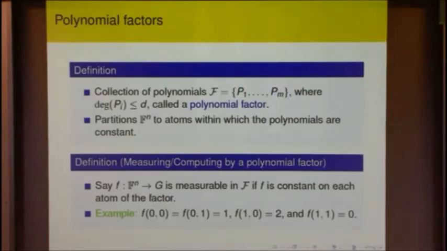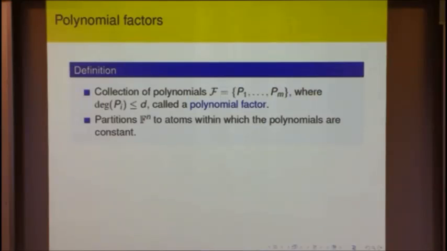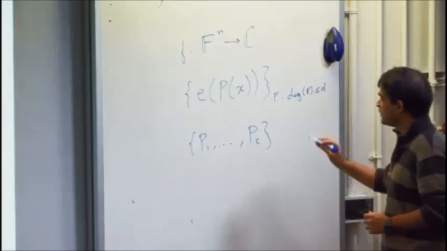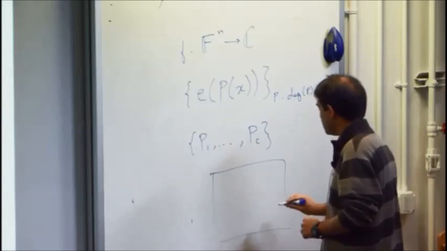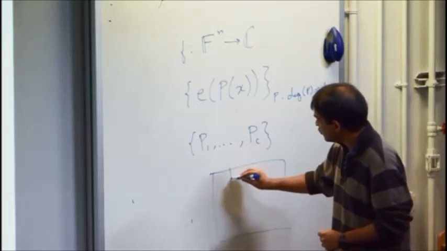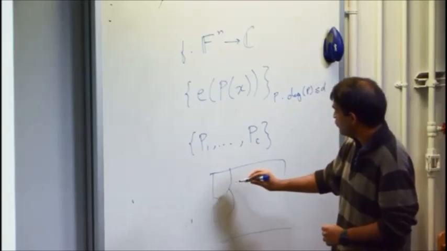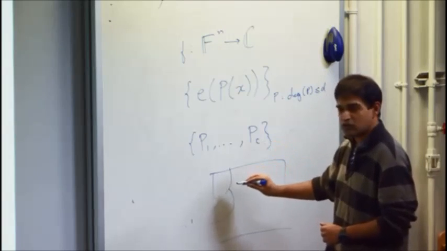Okay? So what this means is that once you have such a collection of polynomials, this naturally splits the domain into atoms such that all the polynomials are constant on each of the atoms.